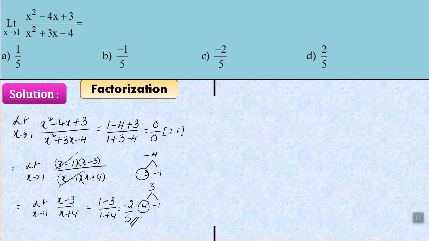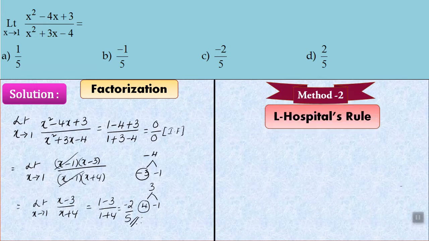Another easiest method for this problem is applying L'Hospital's rule, that is limit x tends to 1.